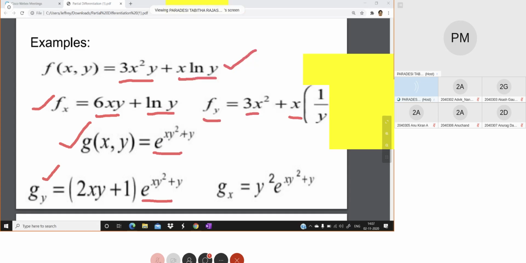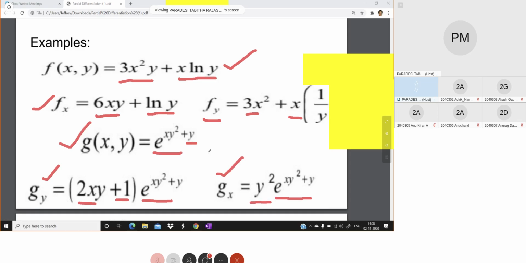With respect to y, x is a constant, the derivative of y square is 2y, so 2xy is the first term, and the derivative of y is 1, so plus 1 is the second term. Again, the partial derivative of g with respect to x is the exponential function coming as it is, times the derivative of xy square treating y as constant. The derivative of y when you treat y as a constant is 0, but x y square would give 1 times y square, so you have only this term.